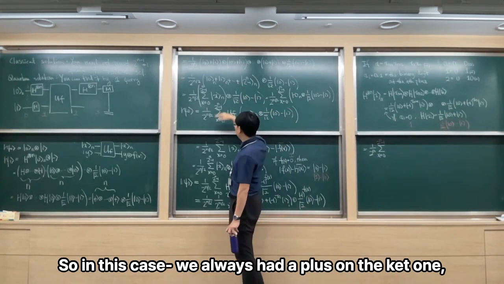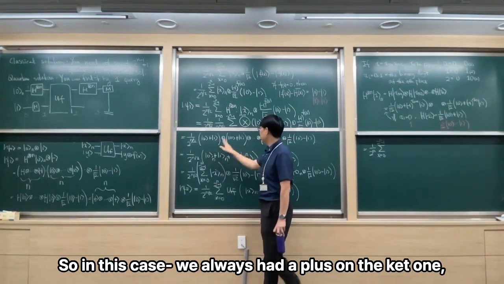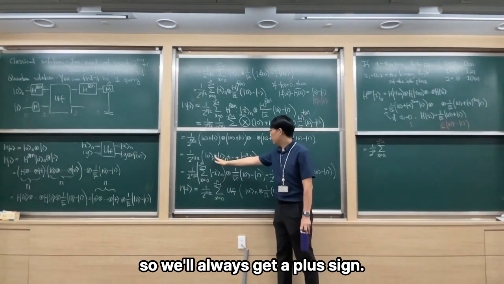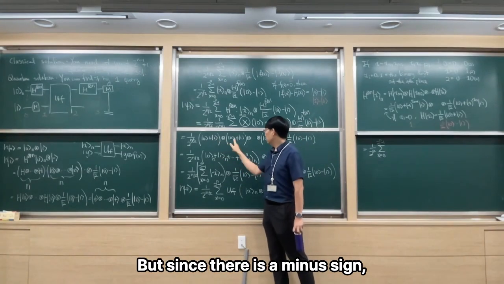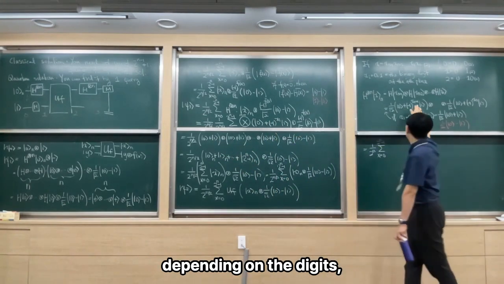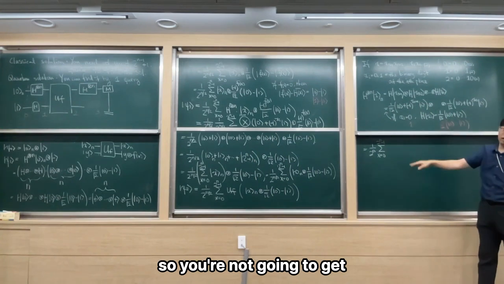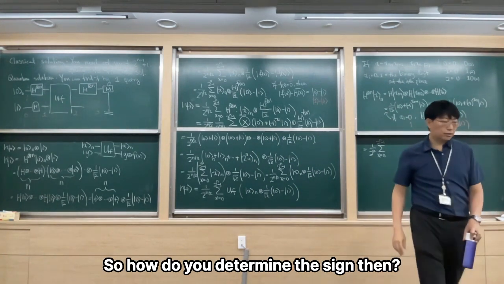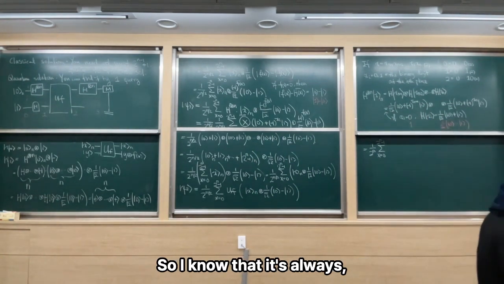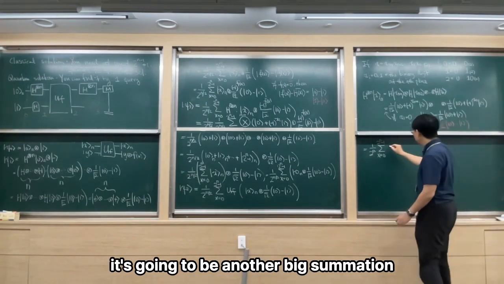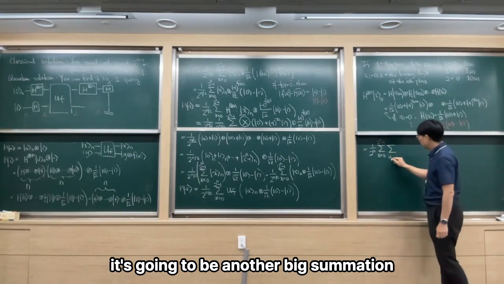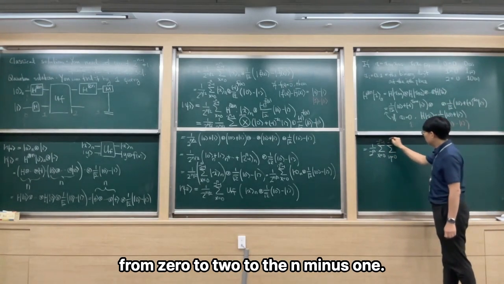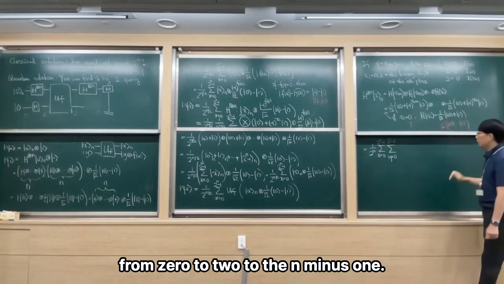In this case, we always had a plus on the ket 1, so we always got a plus sign. But since there is a minus sign, depending on the digits, you're not going to get always plus or always minus. So how do you determine the sign then? I know that it's going to be another big summation from 0 to 2 to the n minus 1.